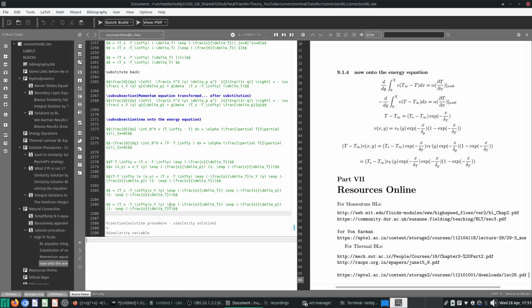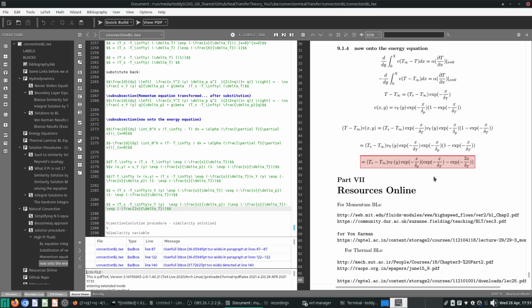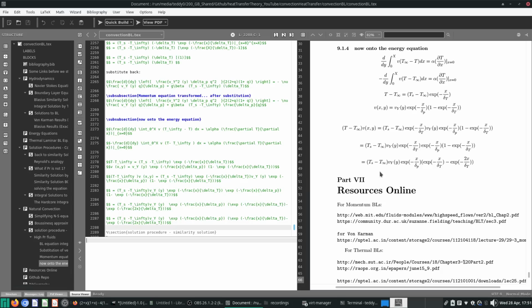So let's multiply in the exponentials. 1 here, then we'll have 2 over here. And then we'll multiply in this delta P, the x over delta P part.